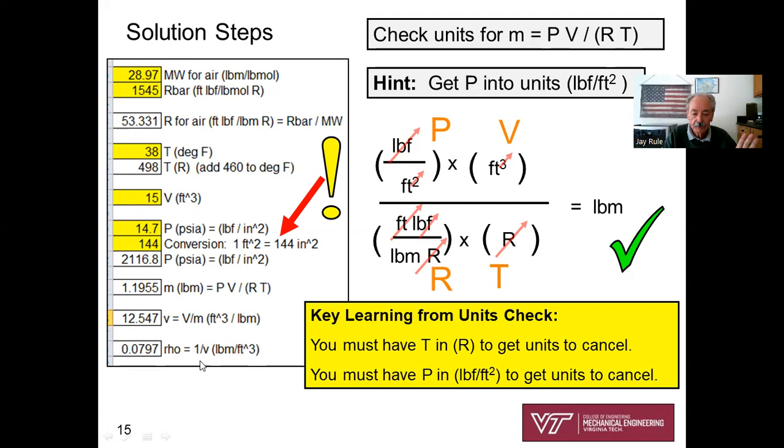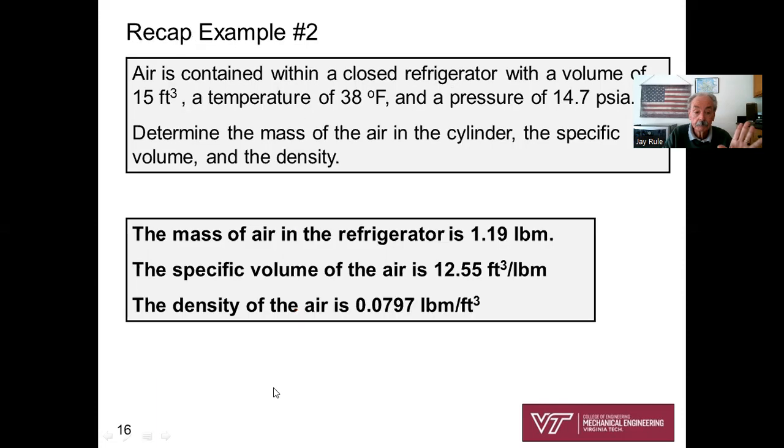Density, rho. Rho is P over RT, or 1 over the specific volume, 0.0797. Okay, so sorry about my typo blunder. It's a good example of a copy and paste blunder that I didn't pick up. And key learnings: you've got to have temperature in absolute temperature degrees R. You've got to have pressure in pounds force per square foot.